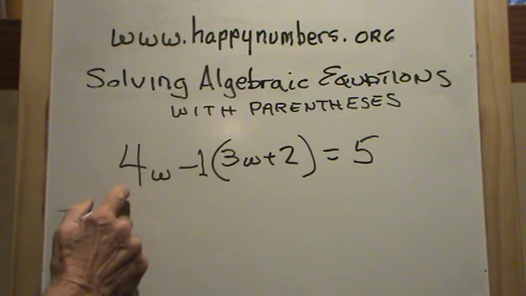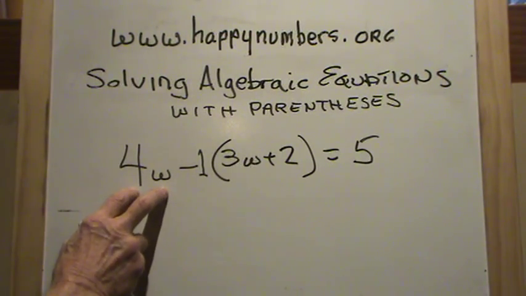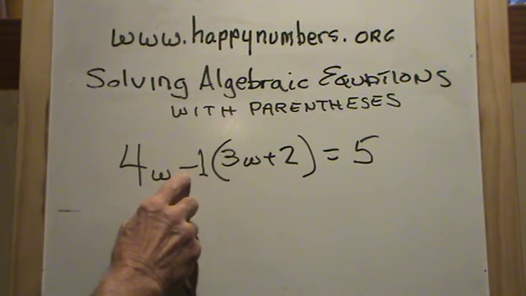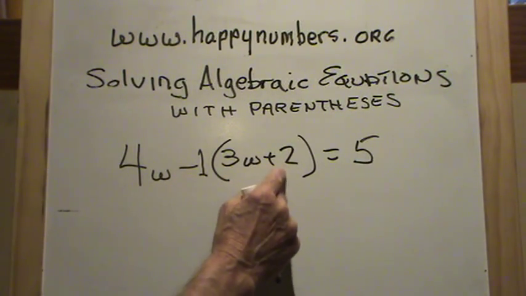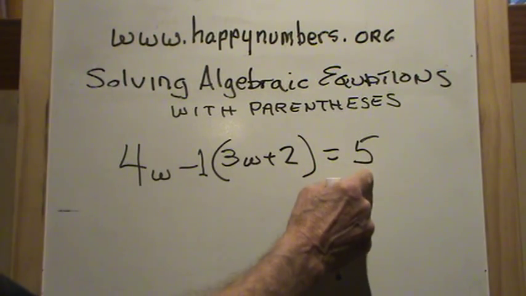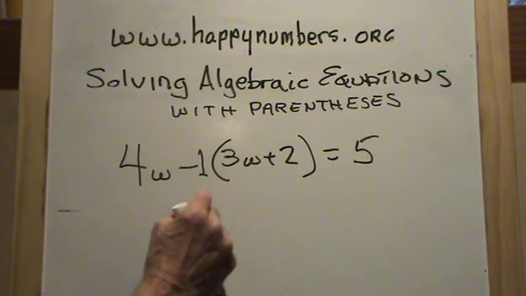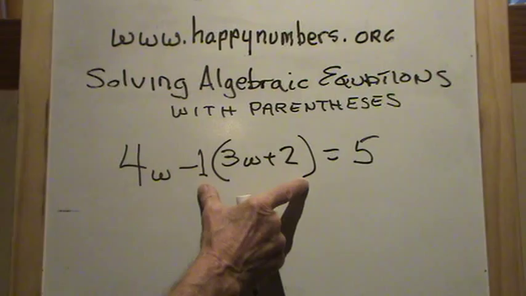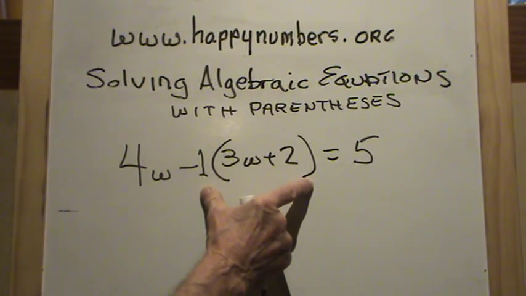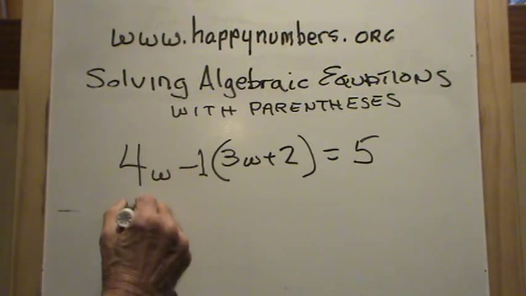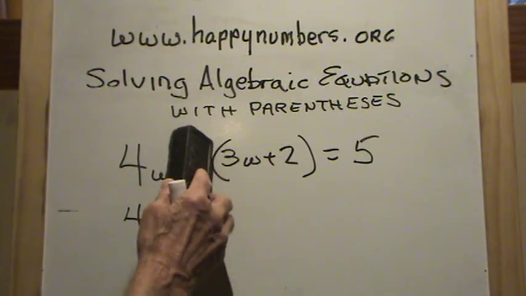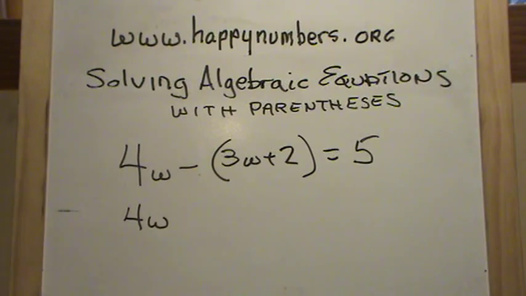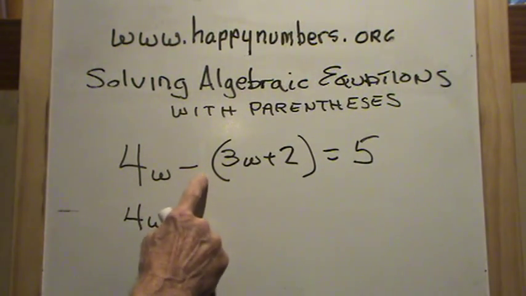So this says 4 times w minus 1 times the quantity of 3 times w plus 2 is equal to 5. Let's deal with our parentheses first. So we have 4w. Now remember, even though it's not written, there's a negative 1 here.